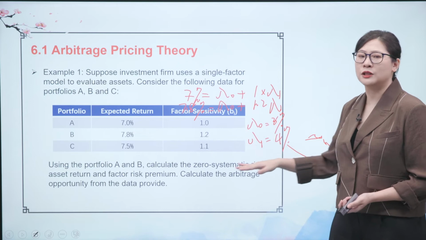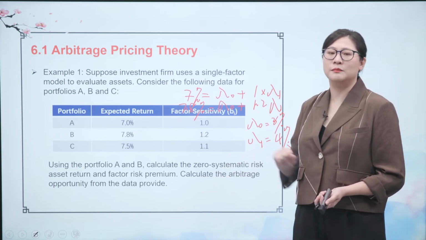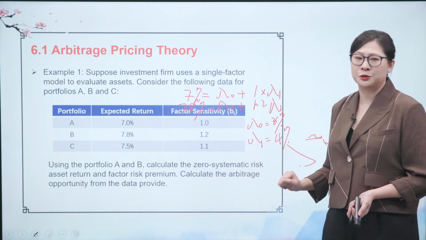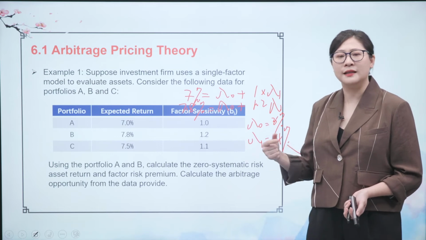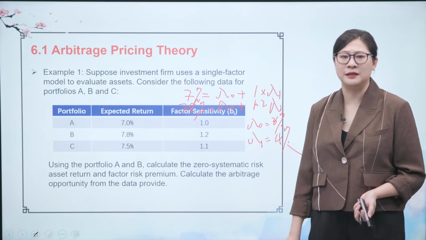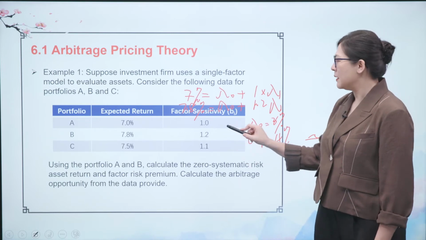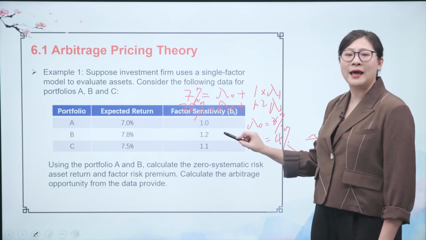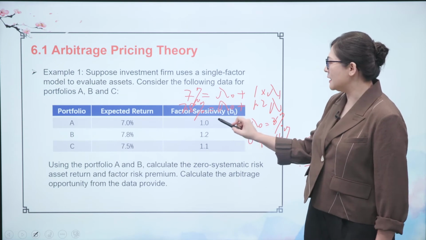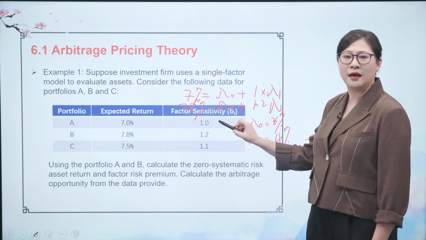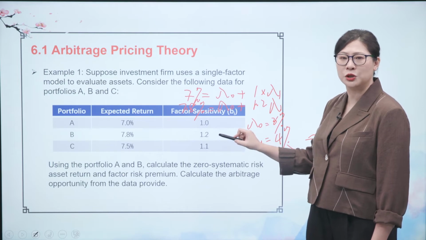After you solve for lambda 1 and lambda 0, the next question is whether there is any arbitrage opportunity. Let's have a look. We know the factor sensitivities of portfolios A and B are 1 and 1.2.